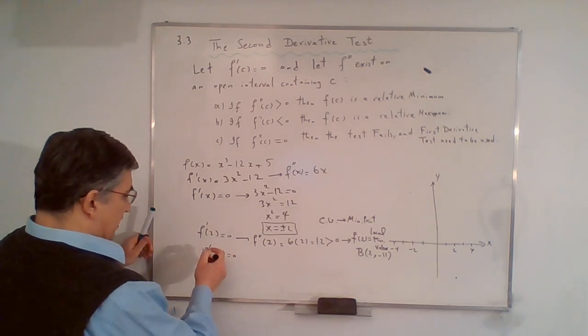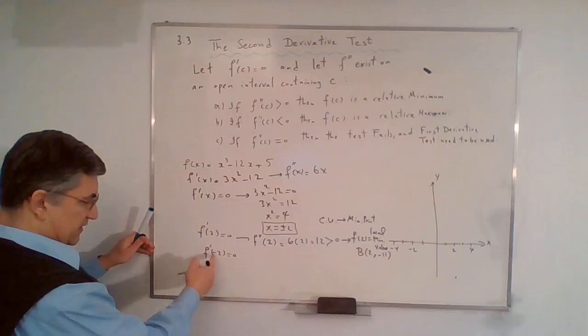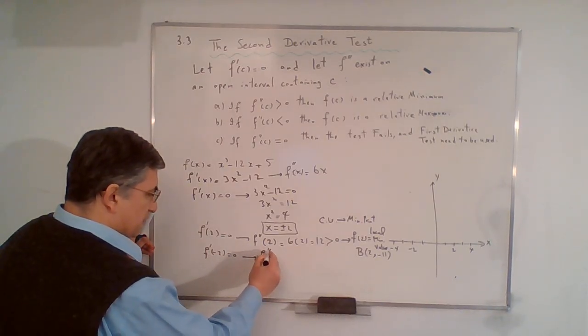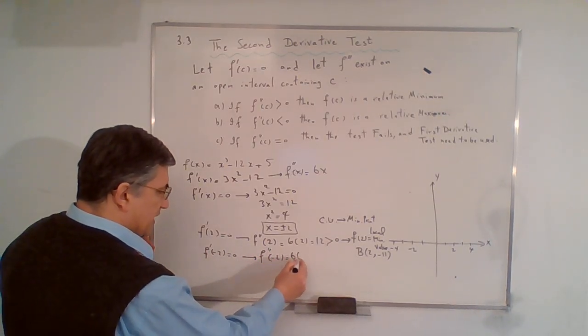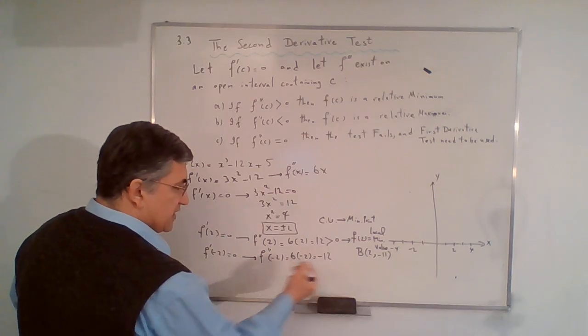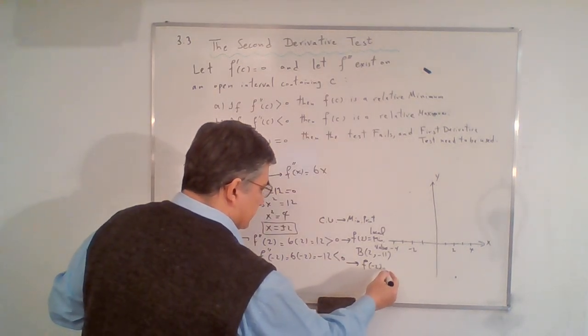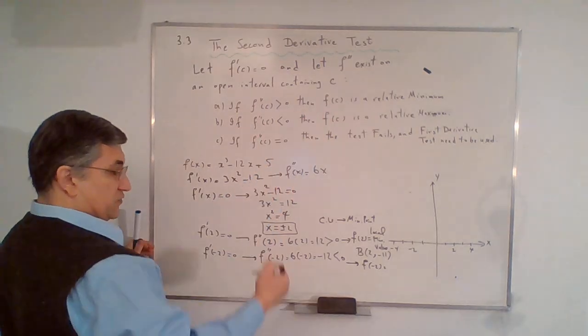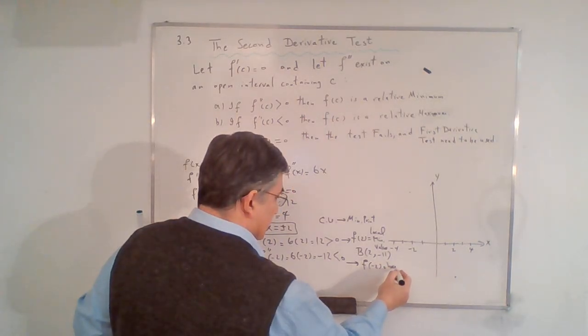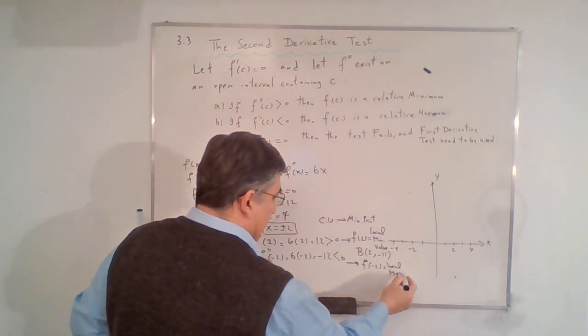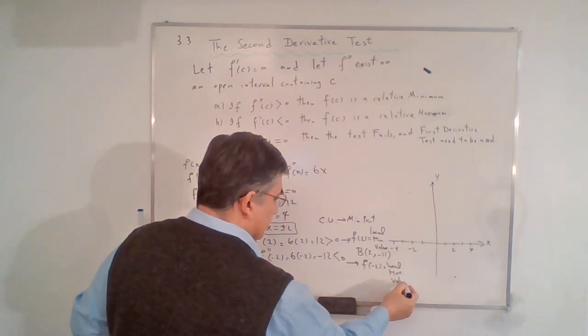Now, similarly, f prime at negative 2 was 0. So f double prime at negative 2 would be 6 times negative 2, which in this case is negative 12, and that is less than 0. So that means that f at negative 2, according to the second derivative test, is actually a local maximum value this time.